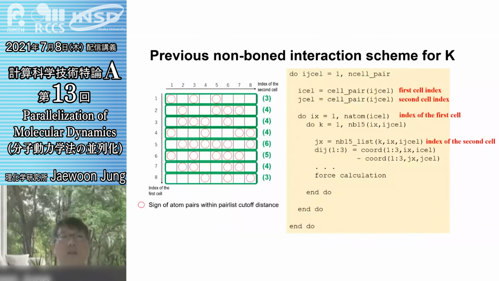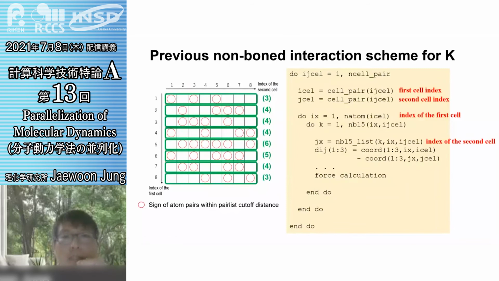So for each cell pair, we make an atom index of the first cell and second cell. And then for each atom index in the first cell, we make a list of atom index in the second cell to be calculated in non-bonded interaction.